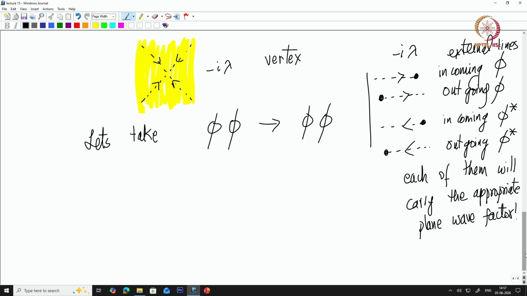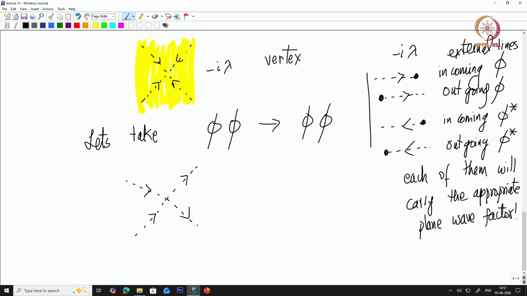So what I want to draw is this particular thing, like phi going into phi. The incoming phi I will draw in this particular fashion. There are two incoming phis, and then there are two outgoing phis. So this is the leading order vertex.